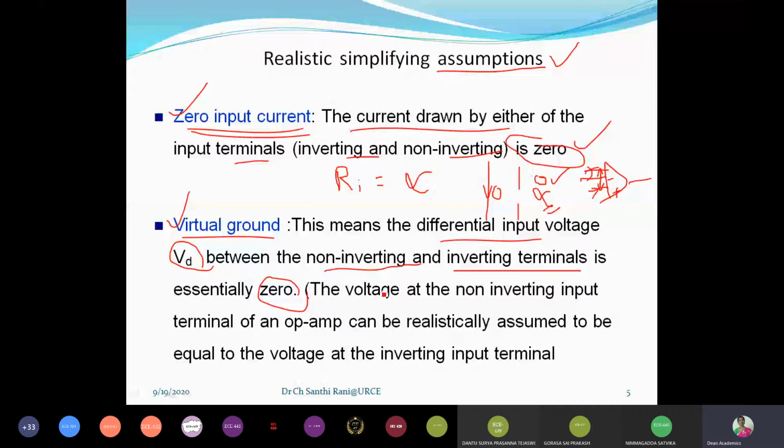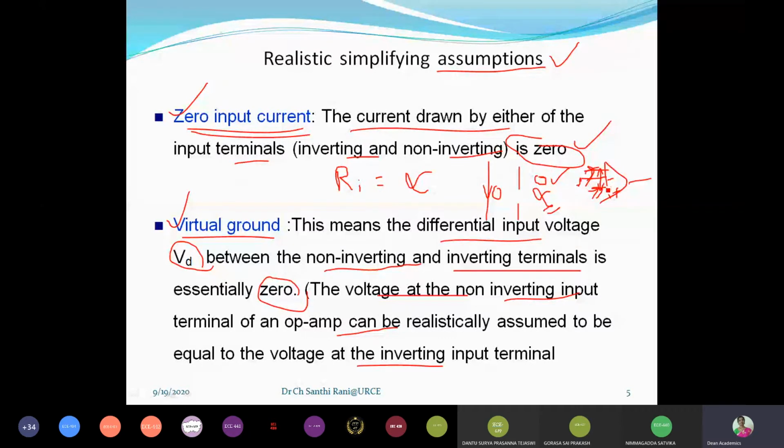That means the voltage at the non-inverting input terminal of op-amp can be assumed to be equal to the voltage at the inverting input terminal, right? That means their difference is zero. Otherwise, we can say that the differential input voltage is 0.